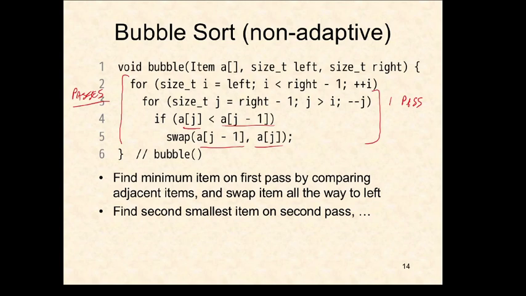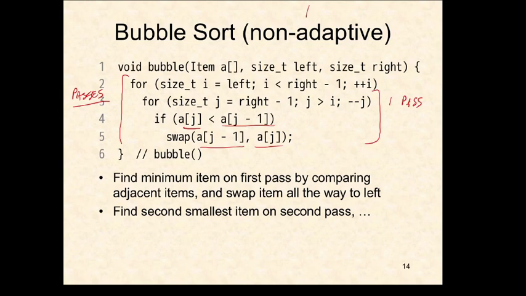Now my inner loop makes one pass from one end to the other. The exact details don't matter. I could go from left to right, I could go from right to left, increment, decrement, it doesn't matter really. They would both be a bubble sort. But the way we wrote it here, the inner loop starts at right minus 1.